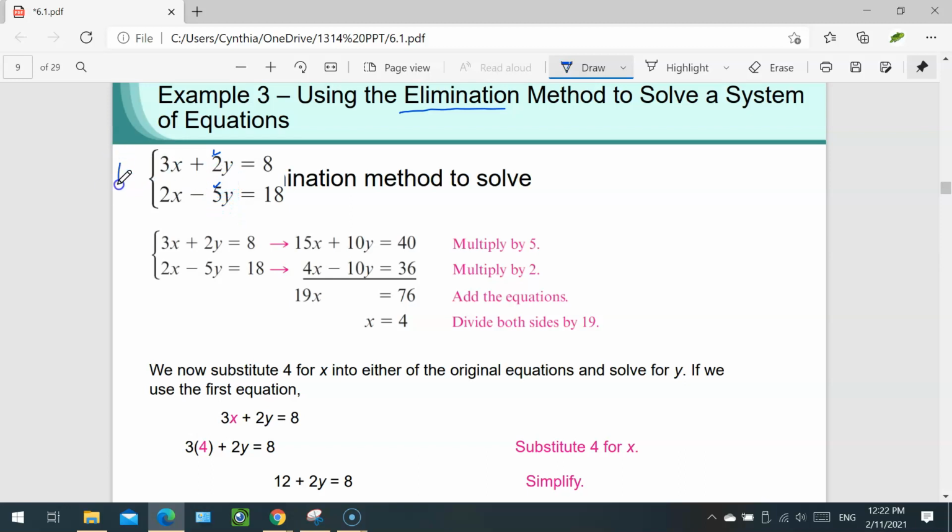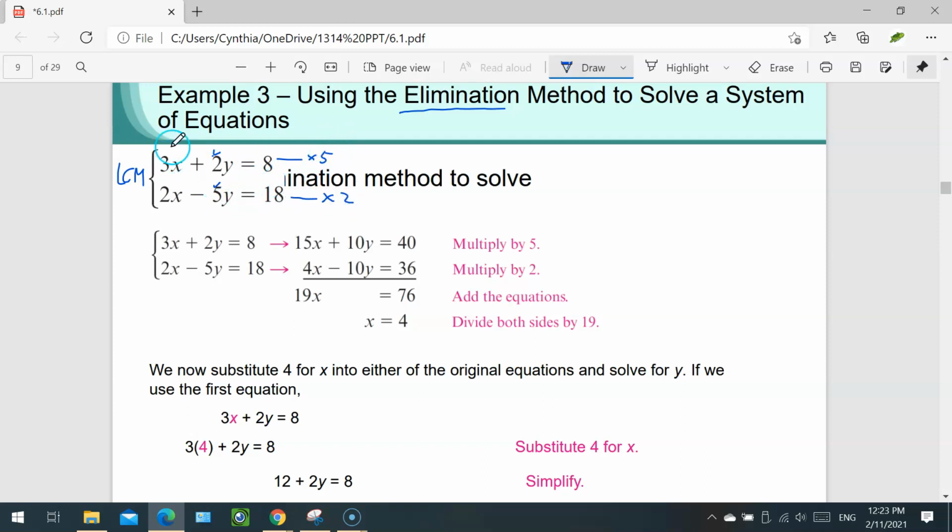So we use the LCM, least common multiple, to find the same number of the y term. 2 and 5, the least common multiple would be 10. So we multiply 5 into the first equation, multiply by 2 into the second equation.